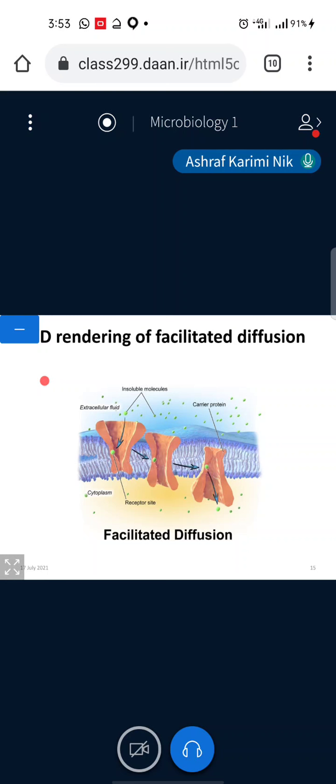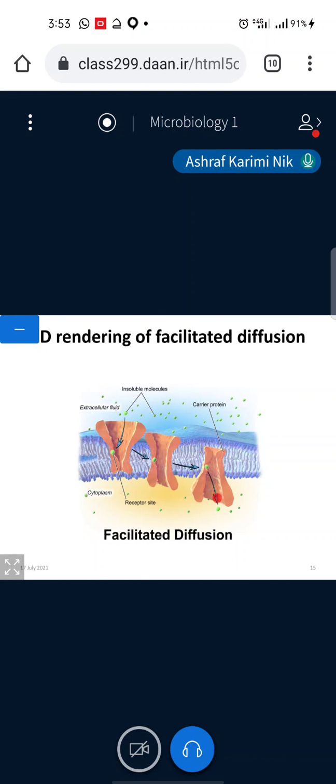Three-dimensional rendering of facilitated diffusion. In green color, you see soluble molecules. The molecules connect to receptor sites and via the carrier protein enter the inside of the cell.